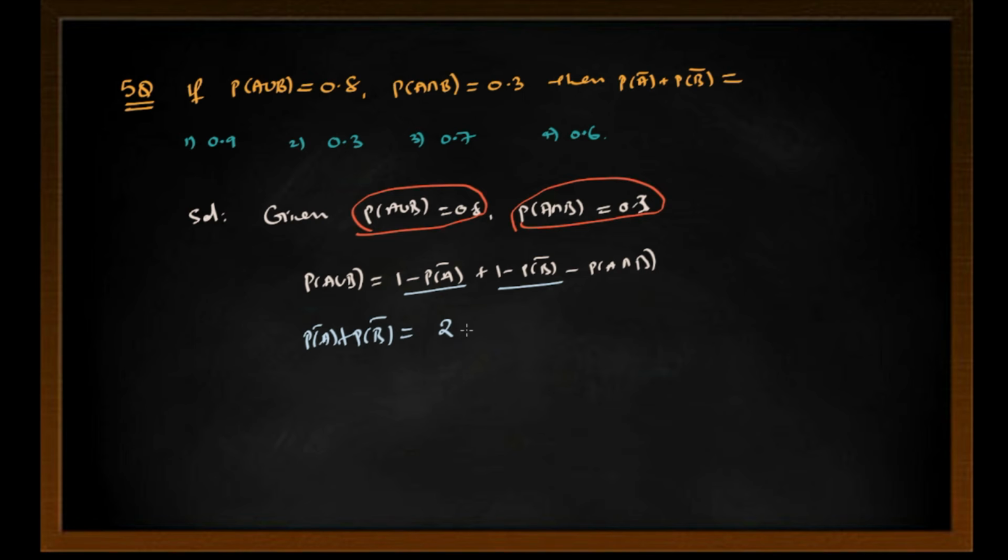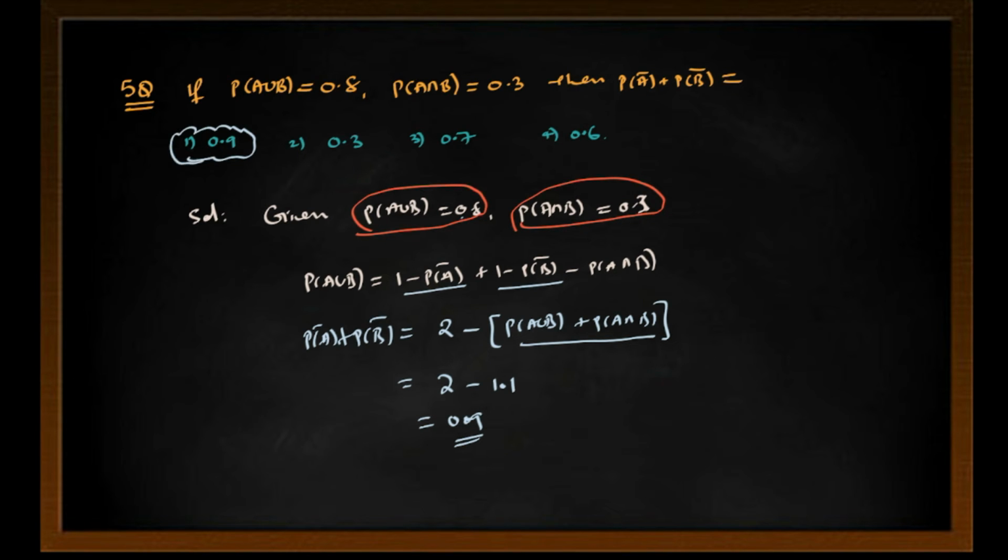So 1 plus 1, 2 minus, taking minus common, P of A union B plus P of A intersection B. So the answer is 2 minus, 0.8 plus 0.3, that is 1.1. So 2 minus 1.1 is 0.9. Is there an option 0.9? Yes, the first option. Okay, these are the basic questions.